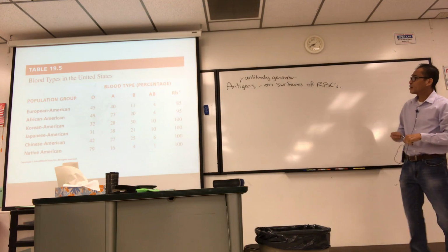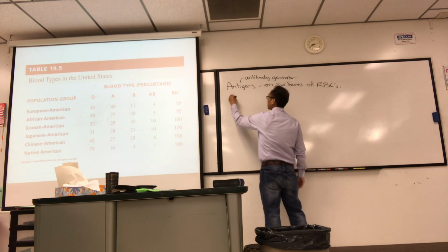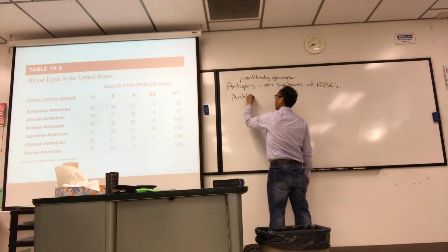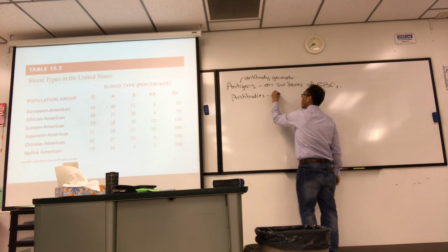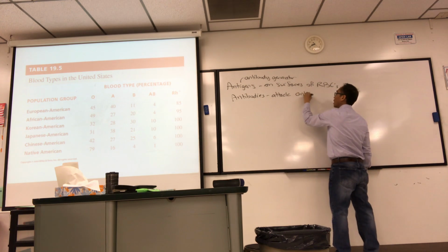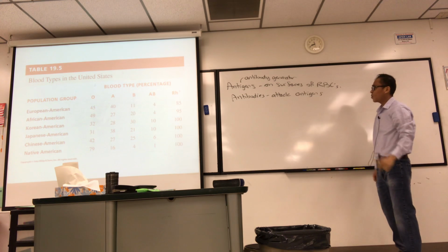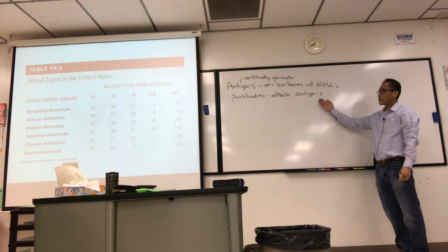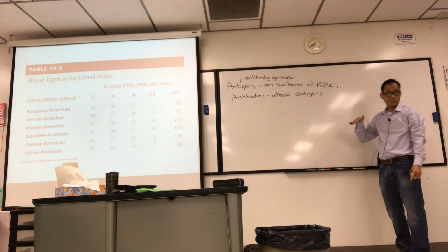So there are antigens, in this case on the RBC, but you also have antibodies. They do the attacking. So the goal is, if you're receiving blood, which antibodies do you have? You don't want them to attack the blood you receive. So you type the blood. If it's the right type, you can get it.